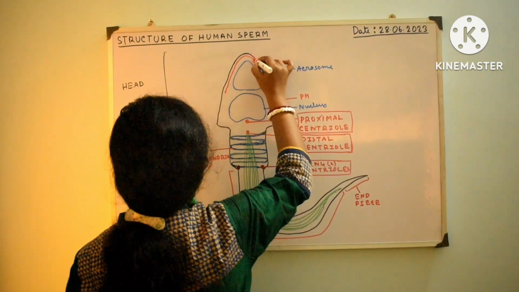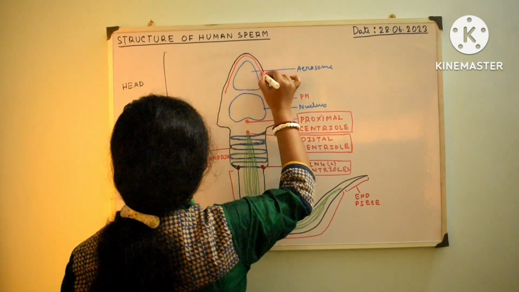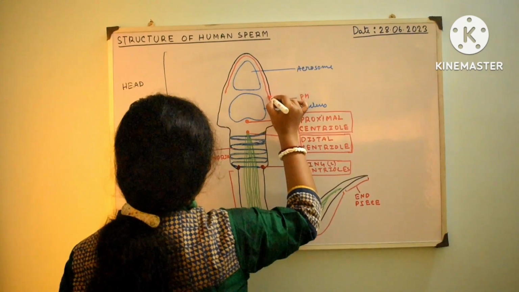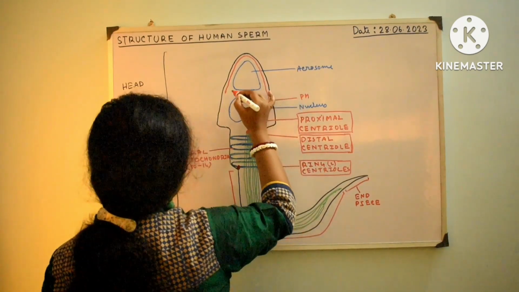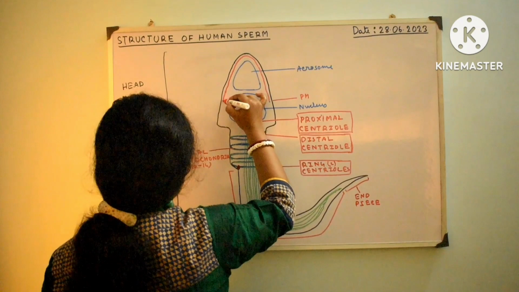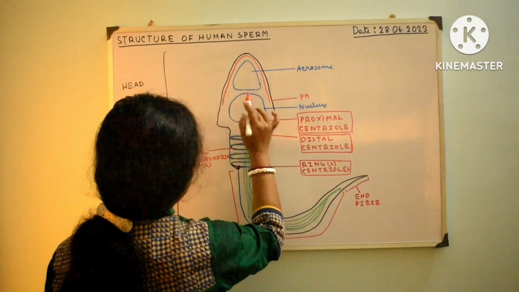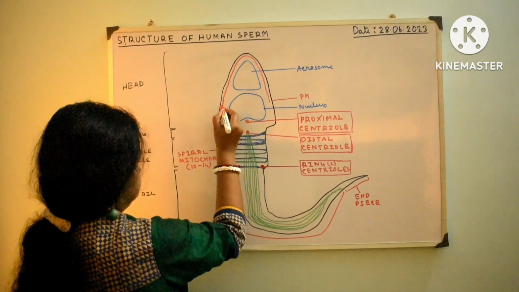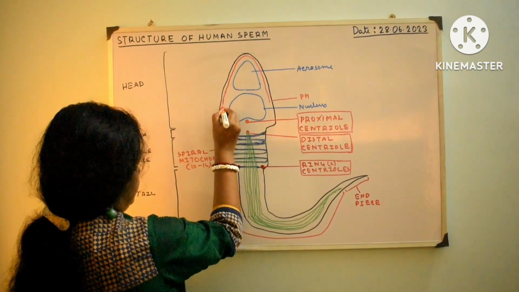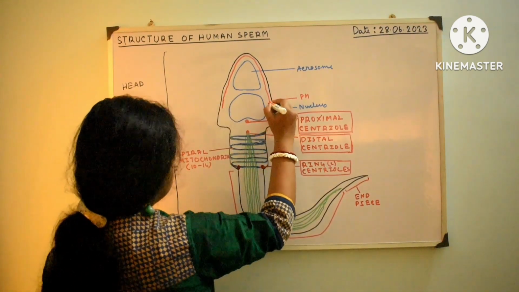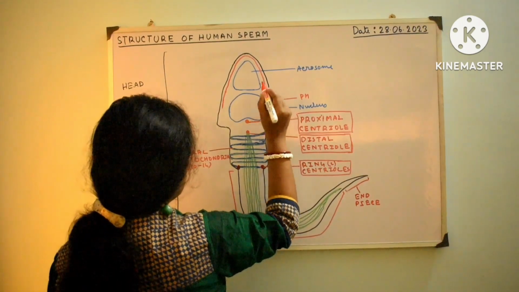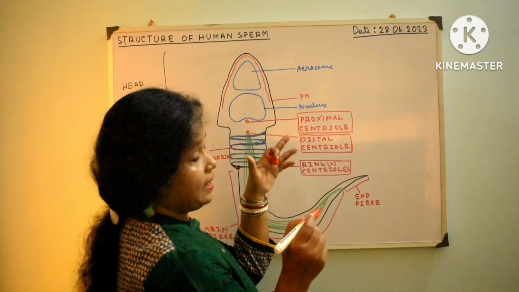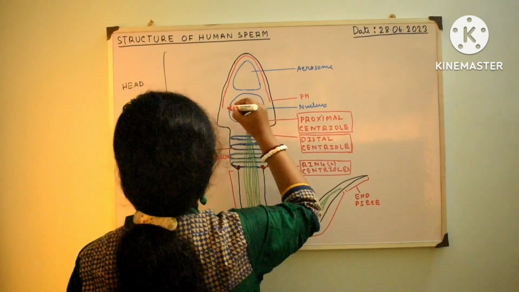Here it will cover the full acrosome part and some of the anterior nucleus part.